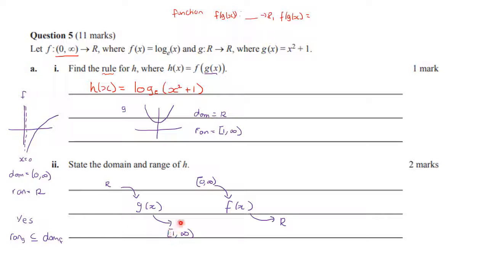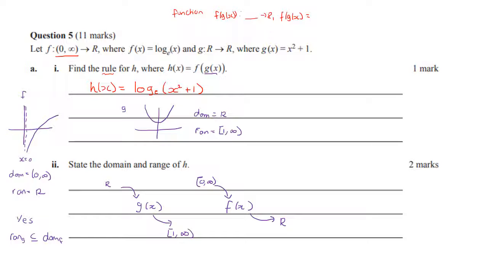However, because these are not the same, it is going to affect our final range. So if I'm only allowed to put values from 1 to infinity into f of x, I can't possibly put 0 in, because there is no way that 0 is coming out of g of x. No matter what x value I put into this y equals x squared function, I am never going to get an answer of y equals 0. So I can put in 1, but I can't get 0.5.